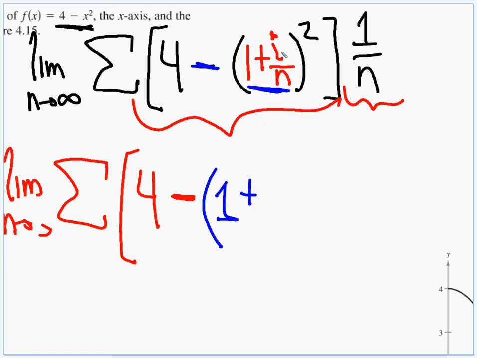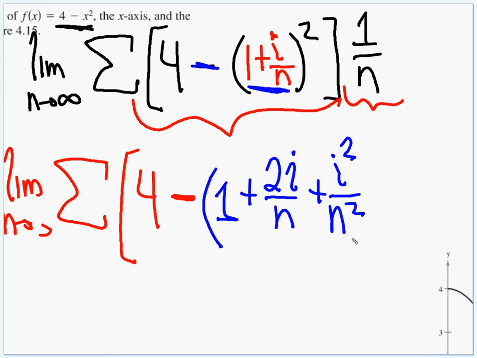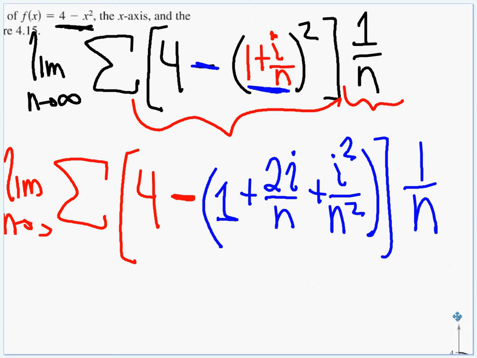Middle term is going to be this times 2, so that's going to be 2i over n. And then last times last will be i squared over n squared. And close off the parenthesis and the brackets. And the 1 over n is still out here.